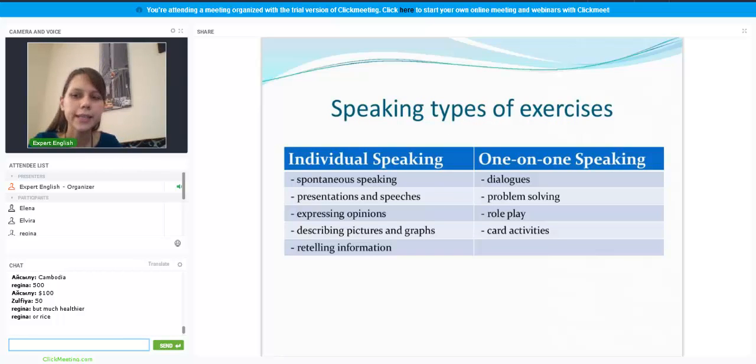So, retelling information. Retelling information can be used as an integrated exercise when we integrate it together with reading. For example, when we make students look, watch, see something, listen to something, and retell it.